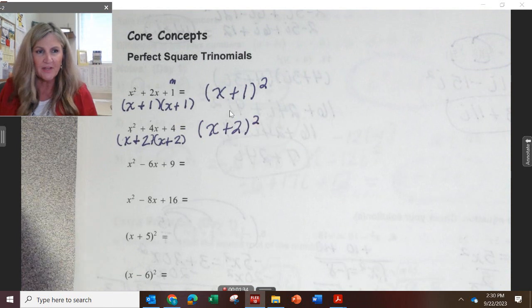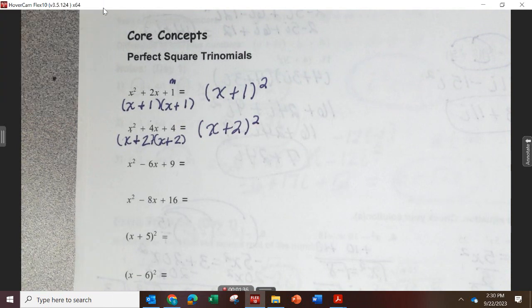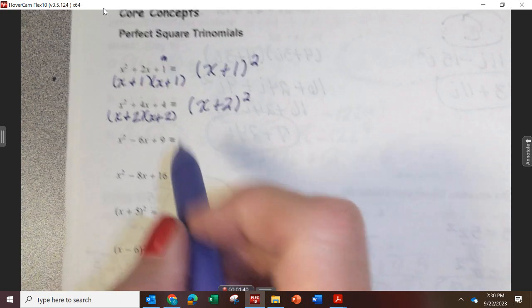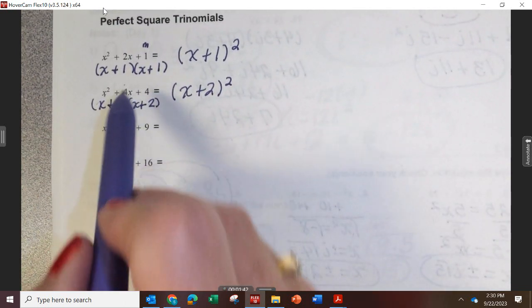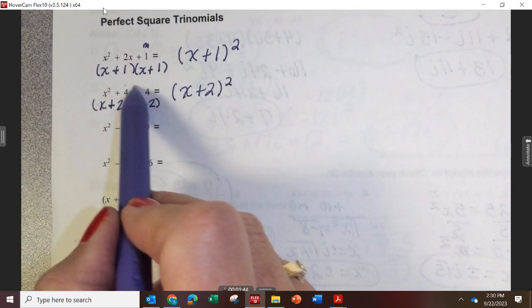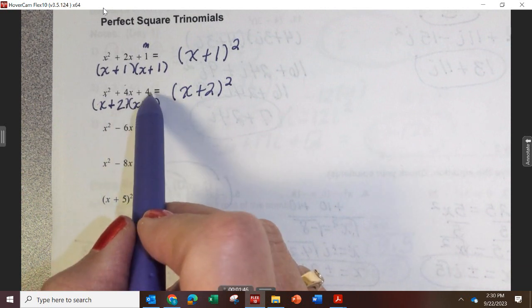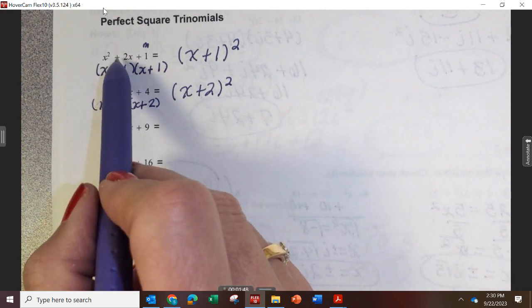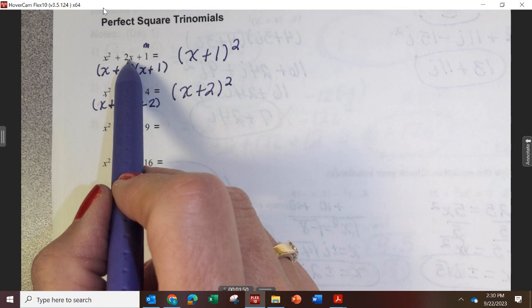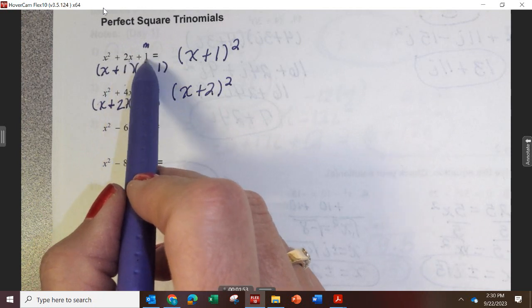So what we're looking at then is how we can solve these quickly. We don't want to have to go through that every time. So look at this pattern. If we take half of this and square it, do you see how it's the same as that? Like, what's half of 2? And square that.